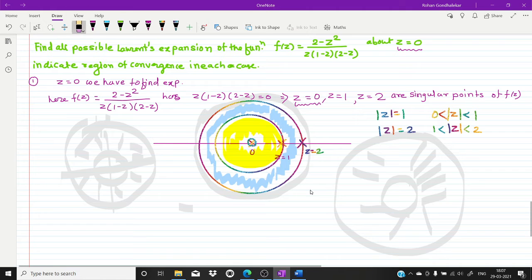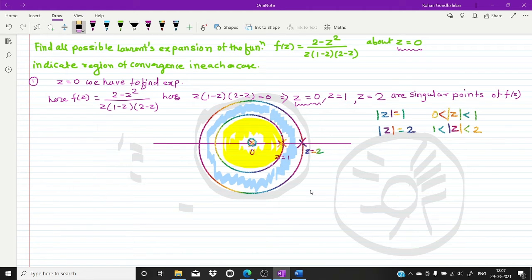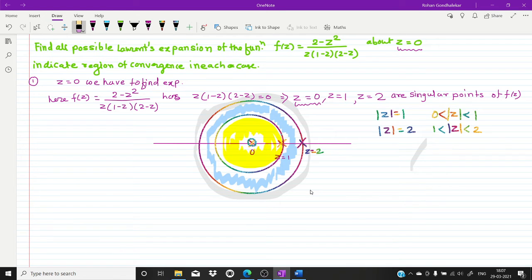This understanding is very important because whenever there is a question, indicate the region of convergence and find the Laurent expansion, you always try to find all these regions. But whenever they don't mention to indicate the region of convergence, then you must be able to identify the third region, that is mod z is greater than 2.